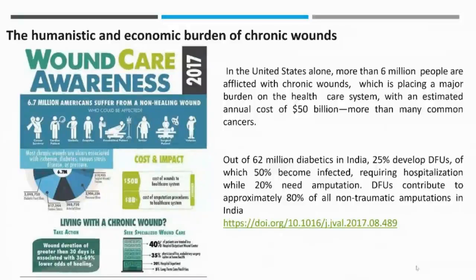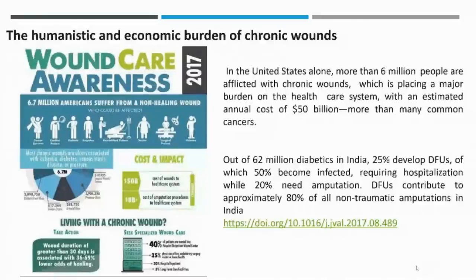Of the newly diagnosed individuals, close to 25% end up having diabetic foot ulcers. They may get infected. They may require recurrent hospital admissions and hospitalizations. Some may even go to amputations. And the Indian statistics show that of the 25% who develop DFUs, 20% require amputation.